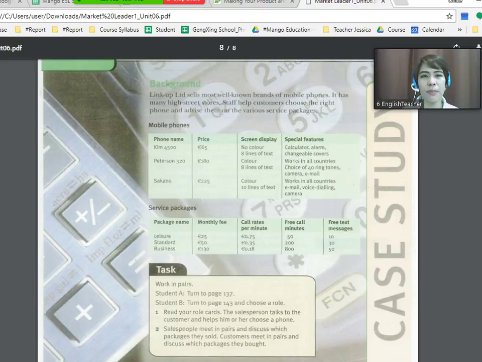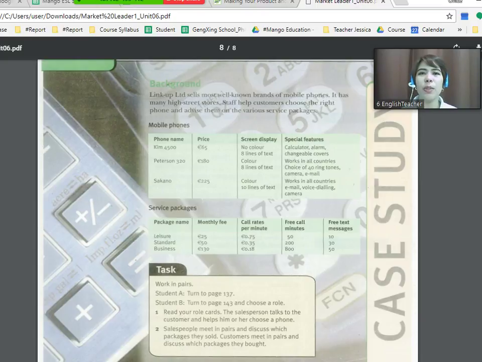So those are the special features. And for the Peterson 320, we have works in all countries, choice of 40 ringtones, camera, and email. And last one, for the Sakano, we have works in all countries, email, voice dialing, and camera.